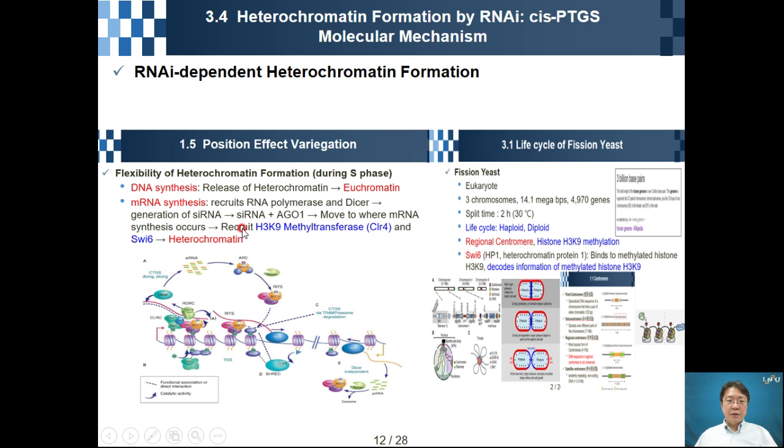After that it recruits H3K9 methyltransferase, which makes the methylation in the chromosome. After that it also recruits SWI6. So what is SWI6? We learned that in this chapter. SWI6 binds to the methylated histone, and it decodes the information of methylated histone H3K9. So now we will learn some of the detailed information of the RNAi dependent heterochromatin formation mechanism.